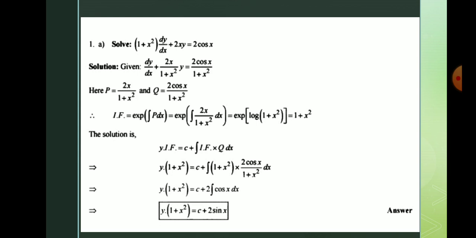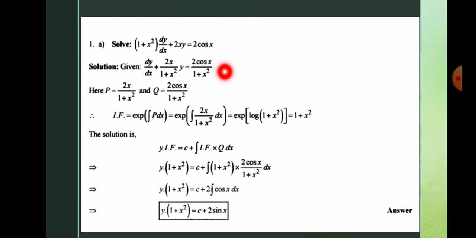Now in this given problem, we compare with the standard form. So divide both sides by 1 + x^2. Then this equation becomes dy/dx + 2x/(1 + x^2) y = 2 cos x/(1 + x^2).